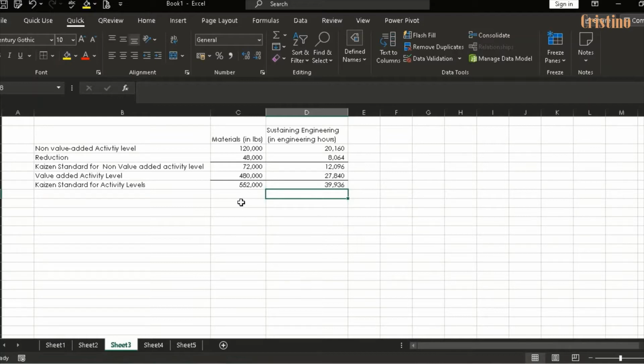So the final answer for the Kaizen standards for activity levels, for materials it is 552,000 pounds, and for sustaining engineering it is 39,936 engineering hours.